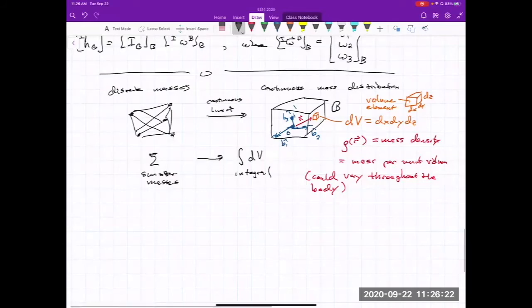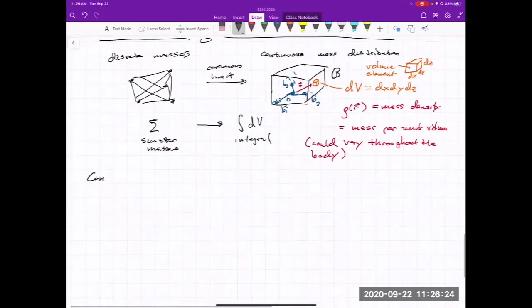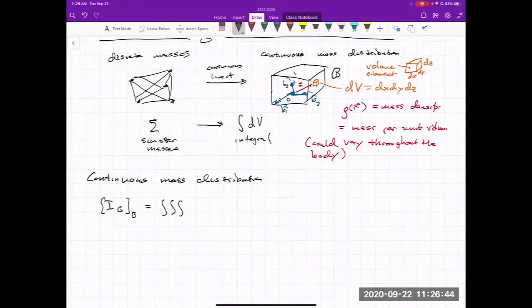So once we have a continuous mass distribution, then how do we define these things? The moment of inertia matrix with respect to a body fixed frame is going to be, in 3D, a triple integral over the body.